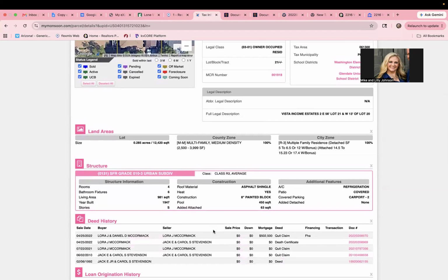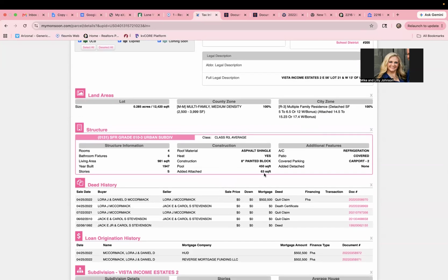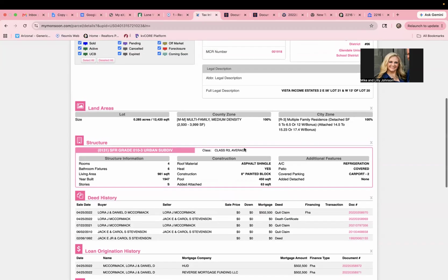It's weird. Detached square foot, bonus room attached. 981.63. They've got to have, yeah, I don't know. Be good to know.